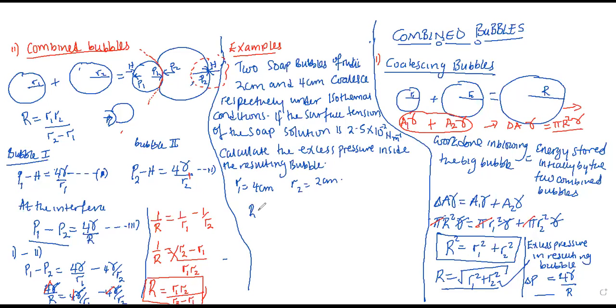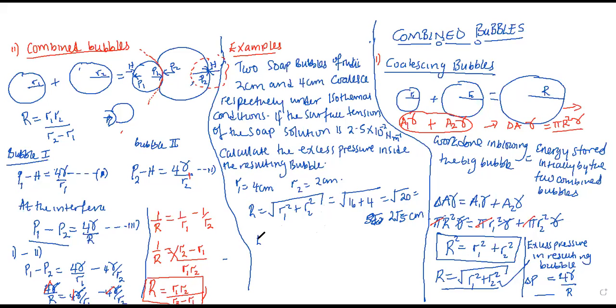So big R will be equal to the square root of R1 squared plus R2 squared, which is the square root of 16 plus 4, which is root of 20, which is the same as 5 root of 2. Sorry, the same as 2 root of 5 centimeters. But because we are going to find pressure in terms of pascals, we need to convert it to meters.